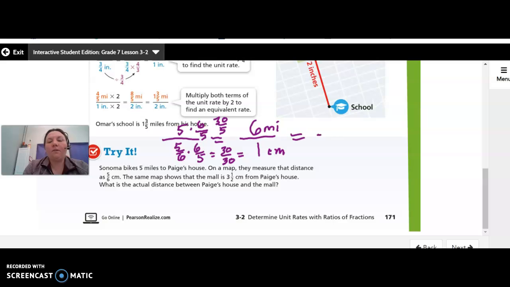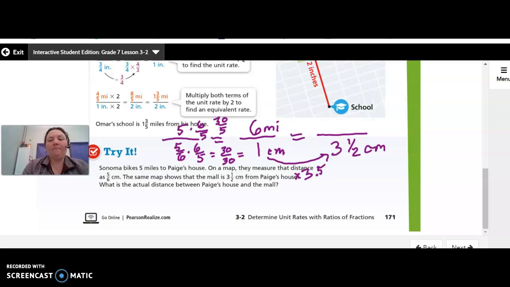Now I want to know how many miles is 3.5 centimeters. Okay. How many miles is 3.5 centimeters? Well, to turn 1 into 3.5, I would need to multiply by 3.5. And I'm going to think of 3.5 as 3.5 over 1 because I want to use my calculator to do that decimal.